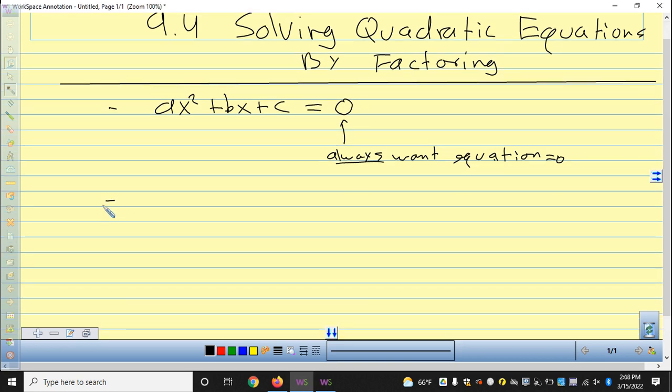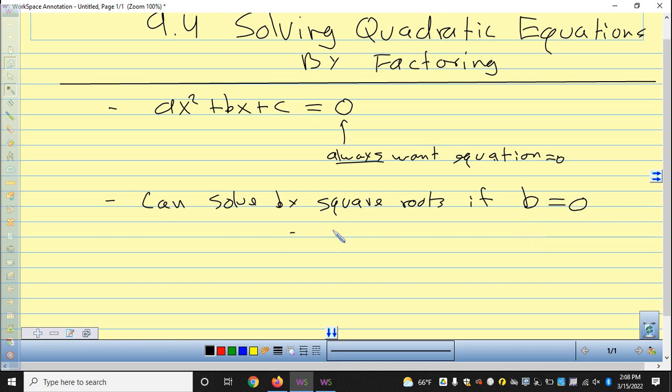Now we talked about solving by square roots the other day. We can solve by square roots if b equals 0.